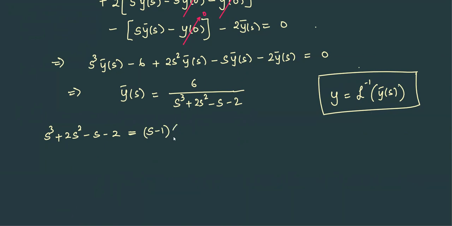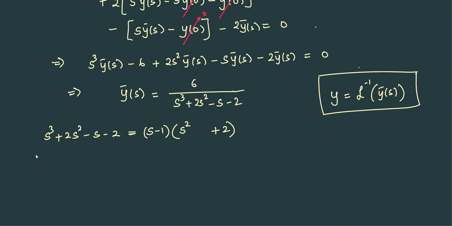Now s minus 1 into s square, now I have to factorize. So s cube term, you see, s into s square gives s cube. The constant term we have to see, minus 1 into what will give minus 2? Minus 1 into 2 will give minus 2. Now the middle term we require. To find the middle term, you cross check.